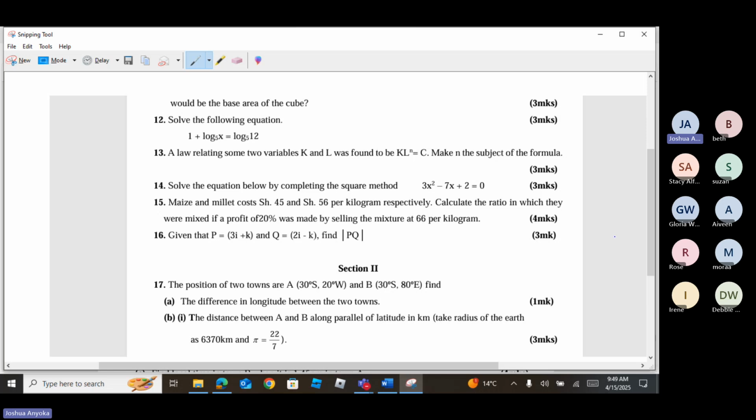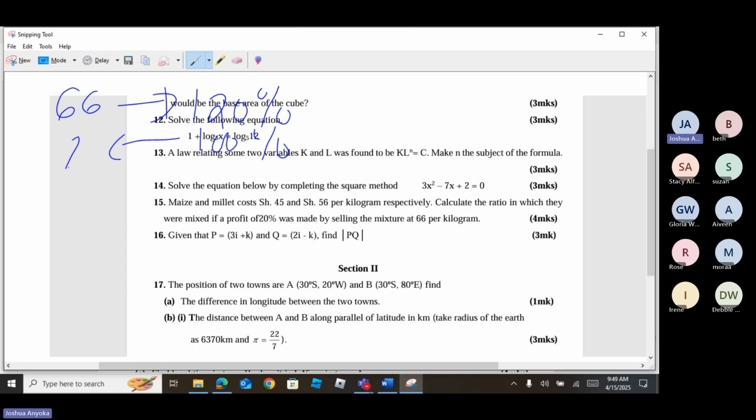But now we are asked to find the ratio in which they were mixed if a profit of 20% was made by selling the mixture at 66. So we start from 66. Is equivalent to which percentage? 120%. What about 100%? Will give us what?